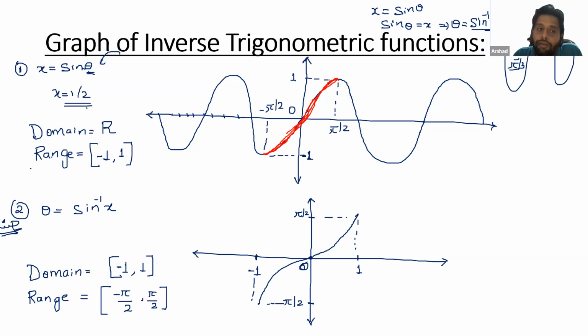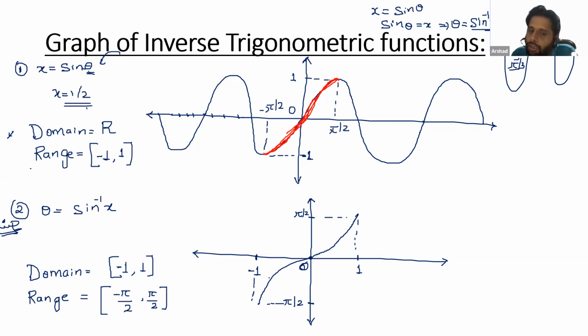No. Why have I written R here? Because we had taken the domain of the complete function. But for the inverse, I already told you that the complete graph is not bijective, so we need to take just a portion of this. So we have taken just this portion. From this graph you need to find the domain and range.